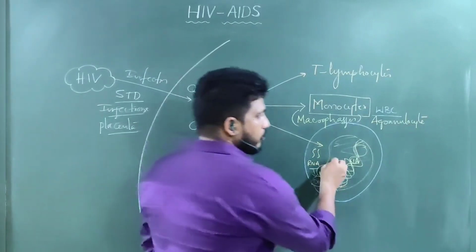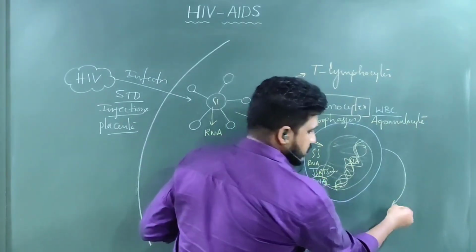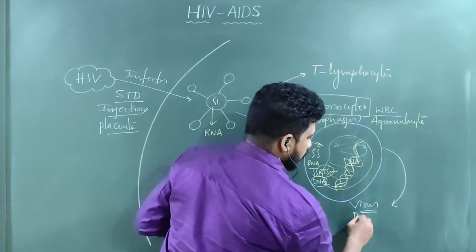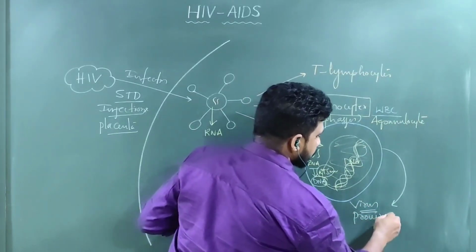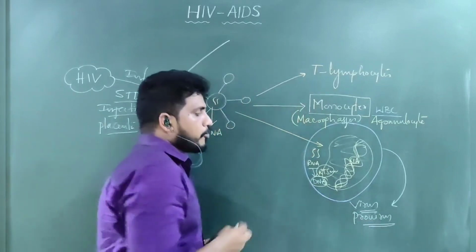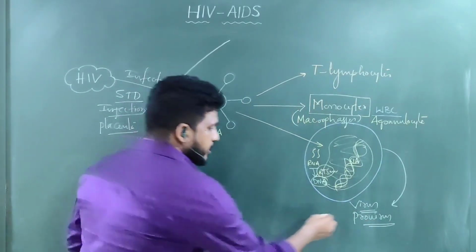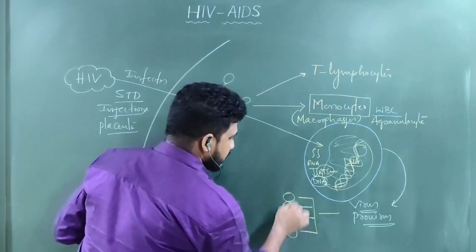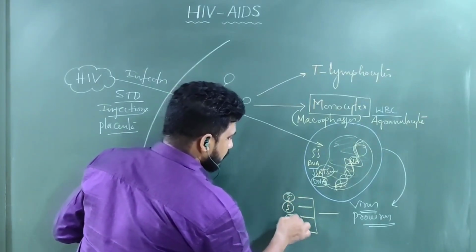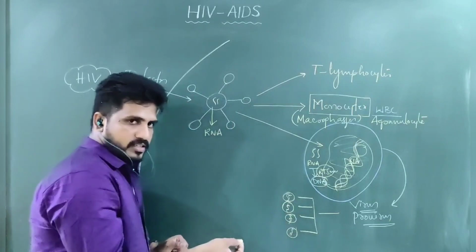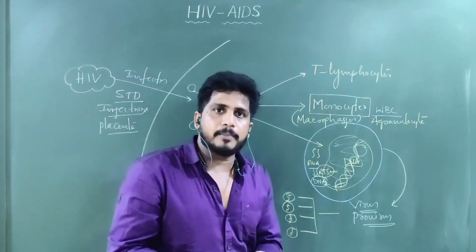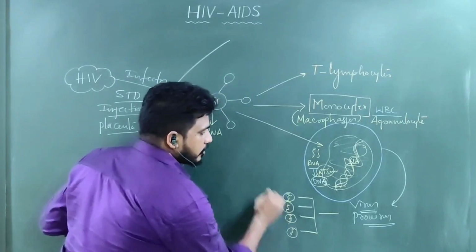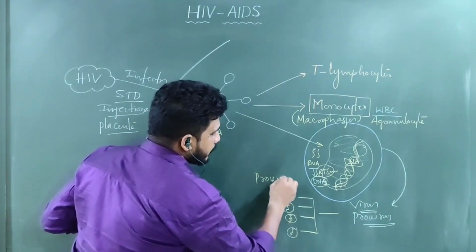Now this is not a monocyte. The monocyte turns into a virus. It is also called a provirus. This provirus undergoes multiplication and produces so many cells. All these cells have DNA, but this DNA does not have the genetic makeup of a human, it has the genetic makeup of RNA. That's why all these are called proviruses.